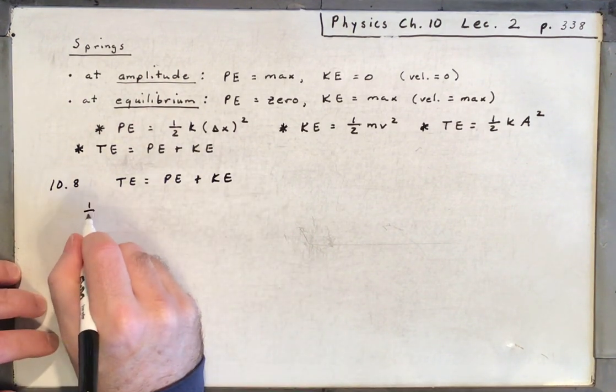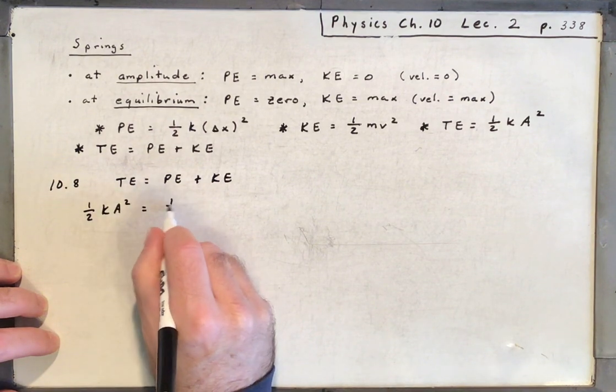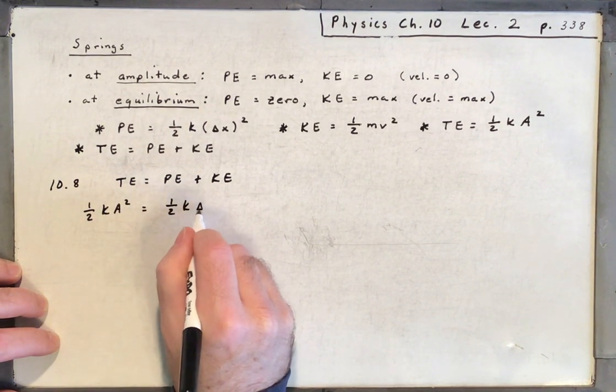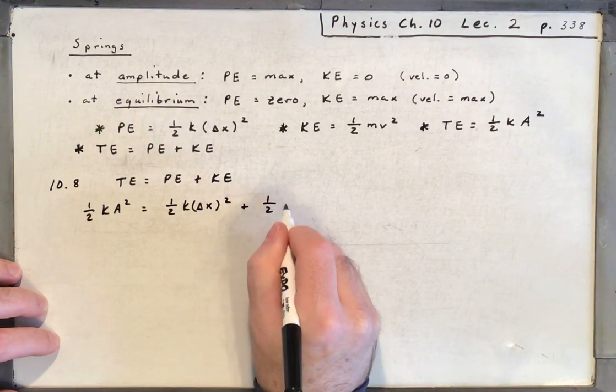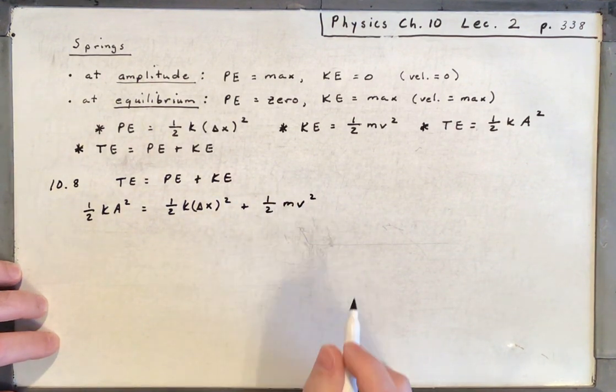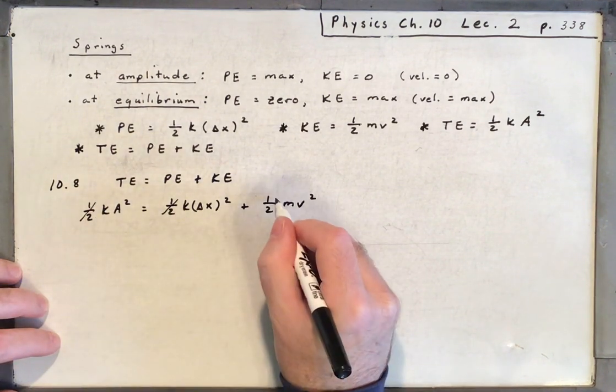So we have 1/2 Ka squared is equal to 1/2 K delta X squared plus 1/2 mv squared. Well, since you have a half in every term, we can cancel those out.